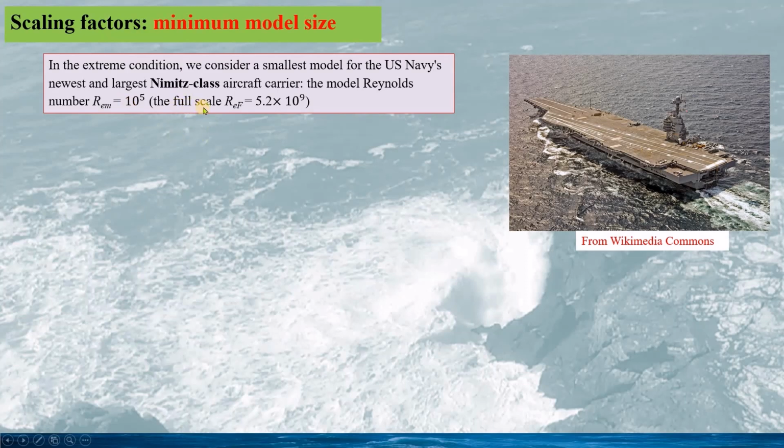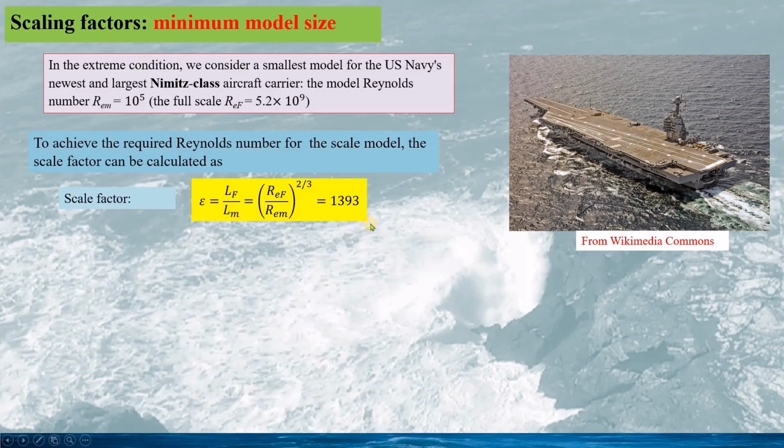And we also have the full scale Reynolds number as 5.2 times 10 to the power of 9. To achieve the required Reynolds number for the scale model, the scale factor can be calculated as this, so we can obtain a scale factor of about 1,400.